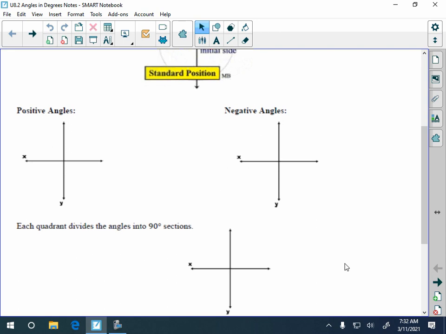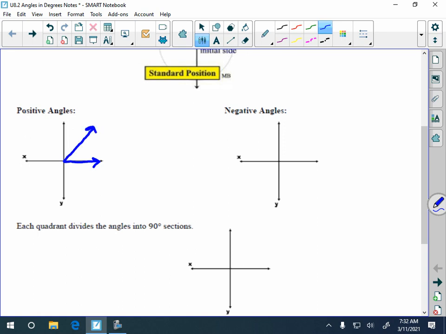So when we want to graph a positive angle, we're going to put that initial side right on the positive x-axis side. And that vertex point will be at 0, 0. And then we're just going to take that terminal side, and then we can rotate it. Okay, we're going to go in the counterclockwise direction.